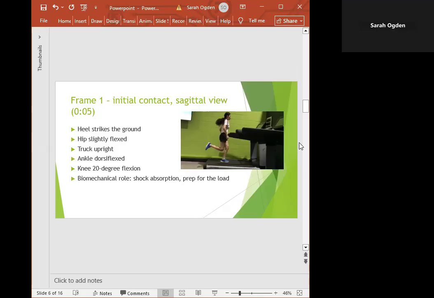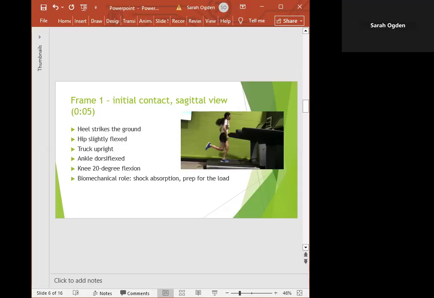This is when the heel strikes the ground while the knee is flexed at about 20 degrees. The hip is also at slight flexion and the ankle is dorsiflexed. This is the preparatory phase.